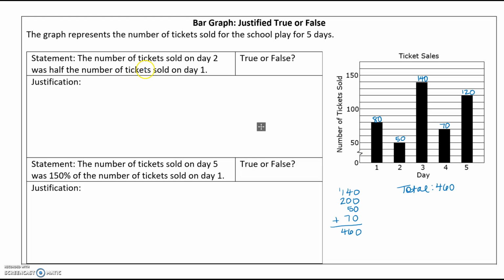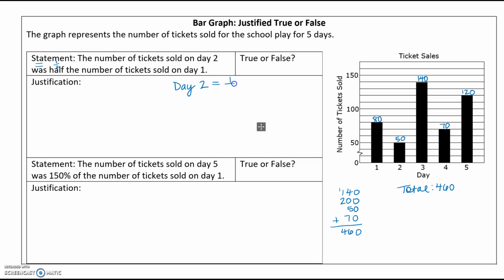My statement says the number of tickets sold on day 2 was half the number of tickets sold on day 1. So day 2 was, or is, that means equals, half, which is the same as 1/2, of the number on day 1.